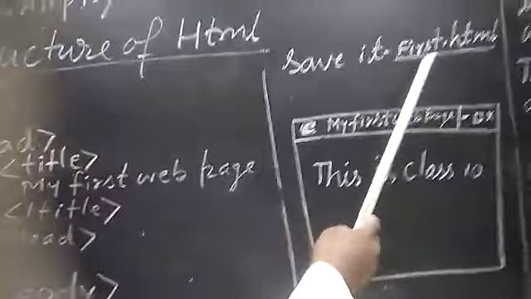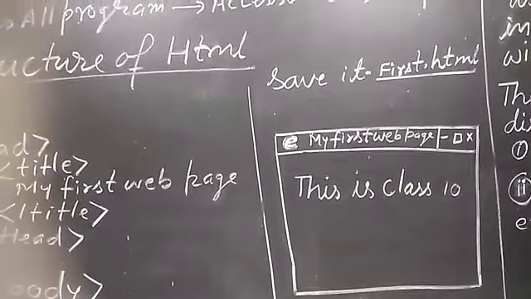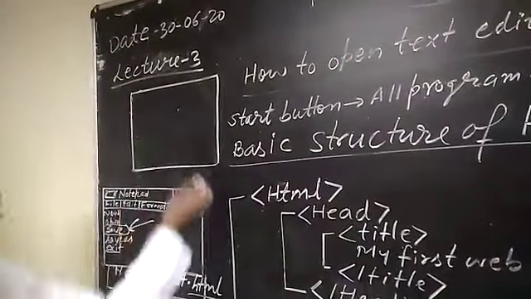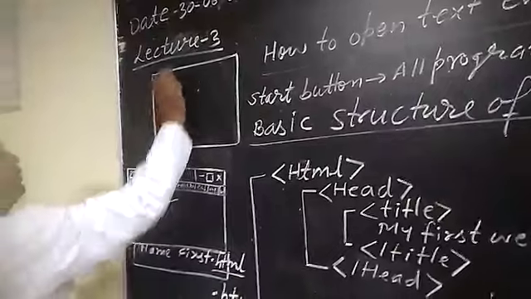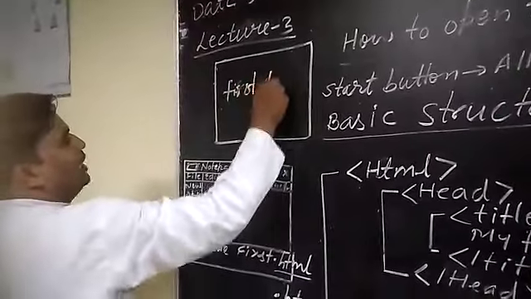We have saved this document with the name first.html. So suppose we saved it on the desktop, our file name will be written like this: first.html.